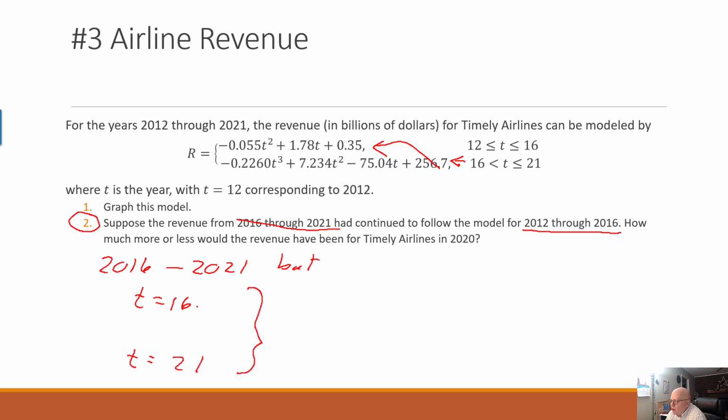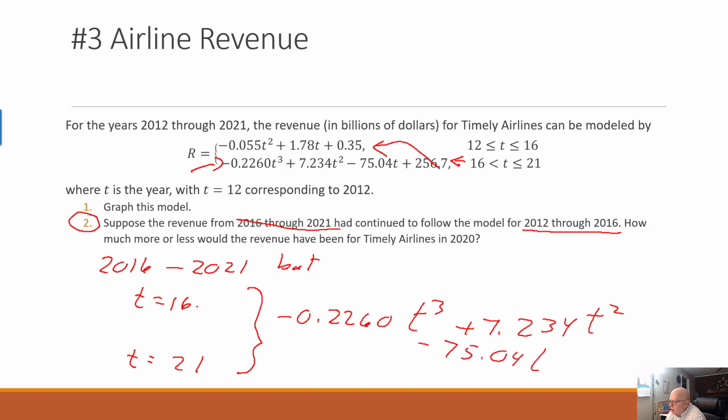And for those, you're going to use the second formula up here, negative 0.2260 t cubed plus 7.234 t squared minus 75.04 t plus 256.7.